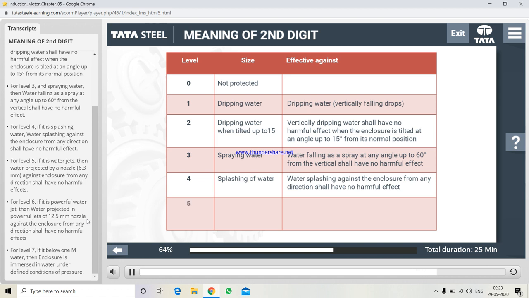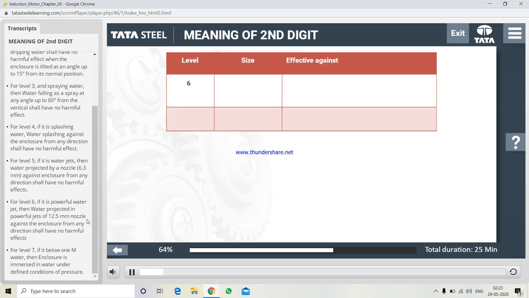For level 4, if it is splashing water, water splashing against the enclosure from any direction shall have no harmful effect. For level 5, if it is water jets, then water projected by a nozzle 6.3 mm against enclosure from any direction shall have no harmful effects. For level 6, if it is powerful water jet, then water projected in powerful jets of 12.5 mm nozzle against the enclosure from any direction shall have no harmful effects.